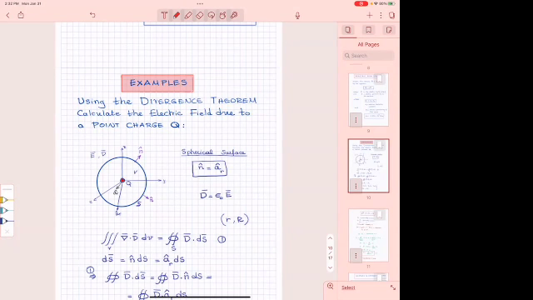In Gauss's law, you have to define a volume and a surface that is consistent and similar in symmetry with the source. All right, so if the source is a point, then your volume can be a sphere.